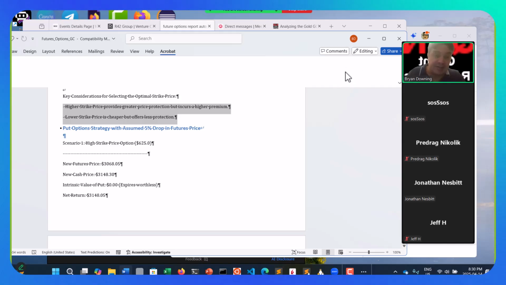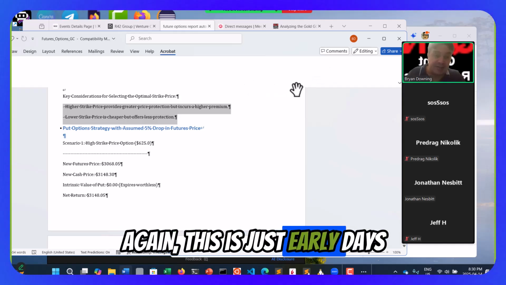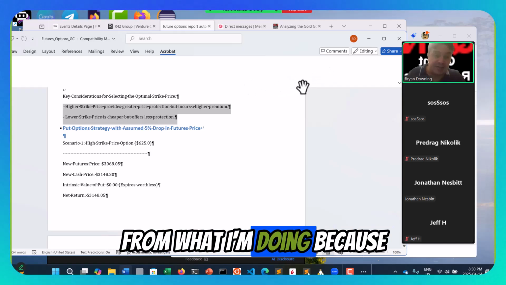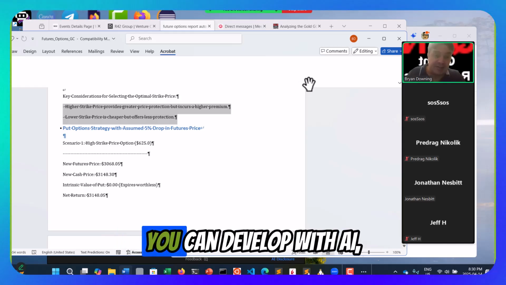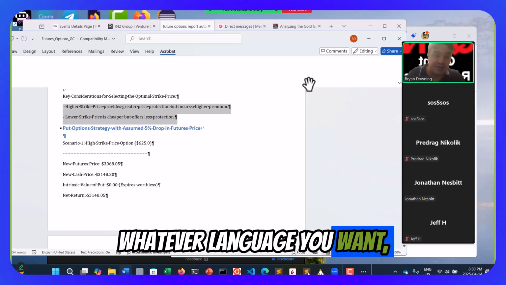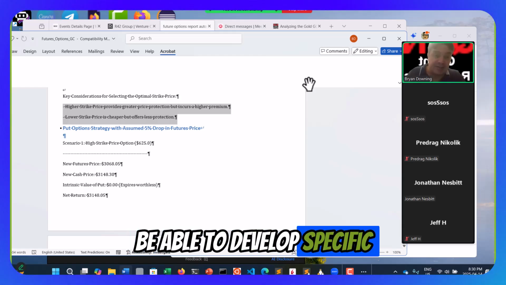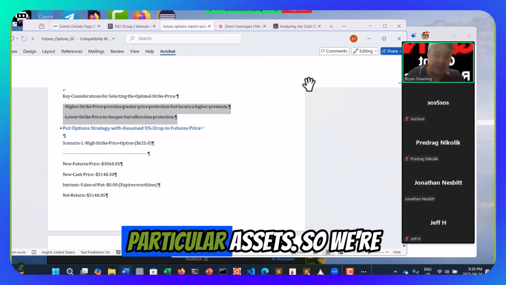Any modeling you've done to try to estimate profit potential for some of the strategies? Yeah, that's the whole point of this. But again, this is just early days, because right now, as I said earlier, you can develop with AI whatever language you want, and develop specific custom pricing engines for a trading opportunity for particular assets.